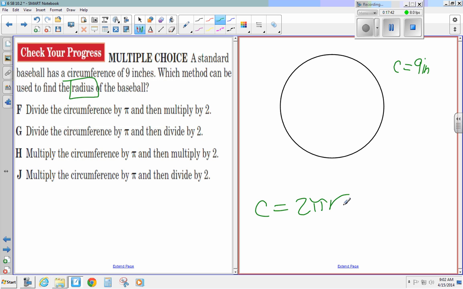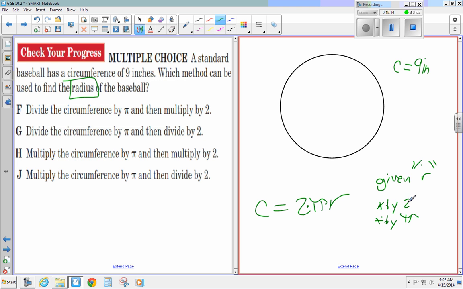This one might be a little tougher, but the way this is set up is when you're given the radius, you multiply by 2, you multiply by pi. Well, in this situation, we're given c, so now the inverse, the opposite should be true.